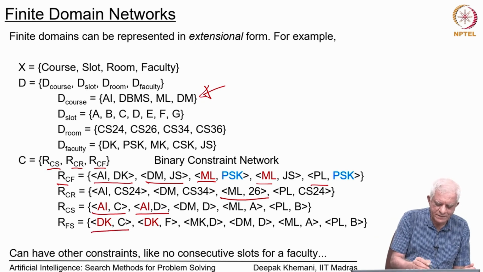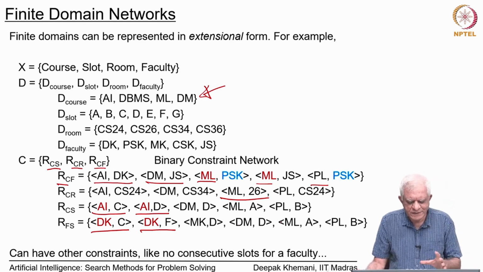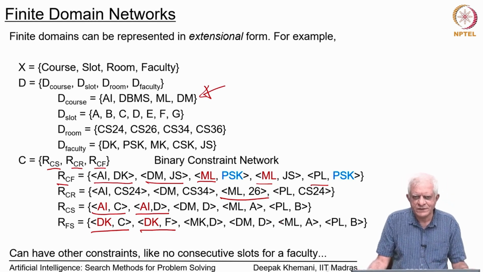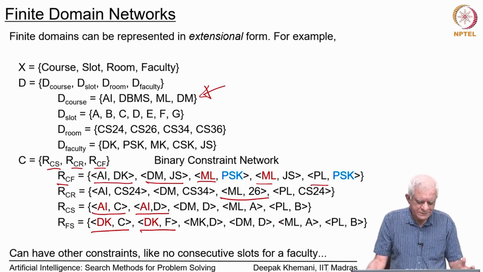So, for example, DK may have a preference for C slot and F slot, and other people may have preferences on other slots. So, these are in some sense the kind of inputs that you give to a constraint satisfaction problem, and you can have other constraints. We will briefly talk about that shortly.